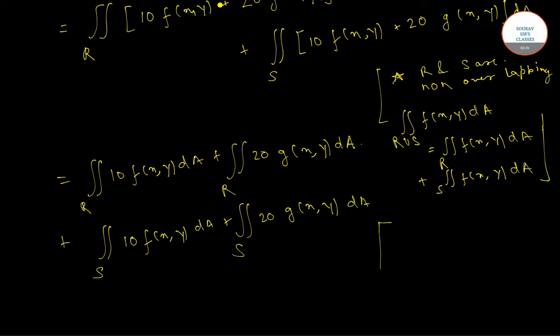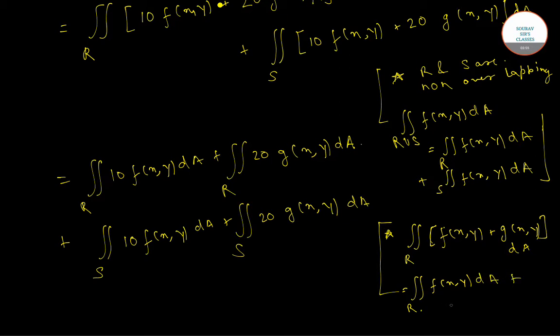Now we can write it because of the property of double integration: the double integral over R of the sum f(x,y) plus g(x,y) dA equals the double integration over region R of f(x,y) dA plus the double integration over region R of g(x,y) dA.